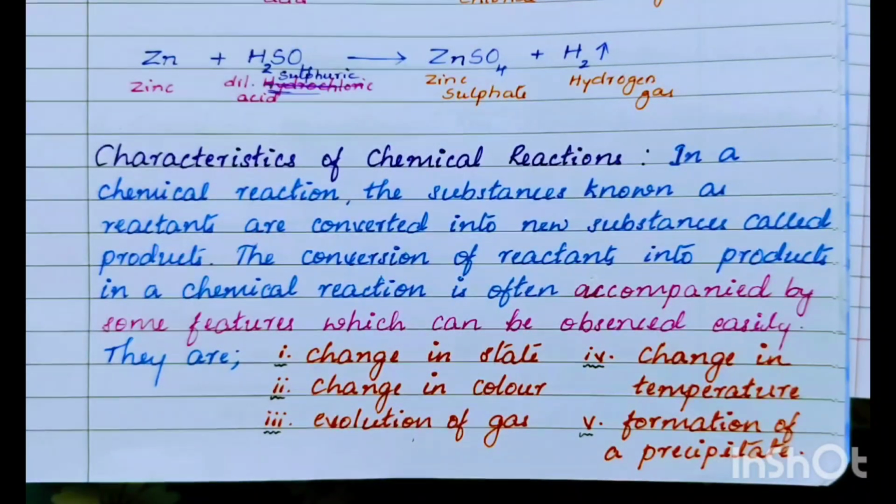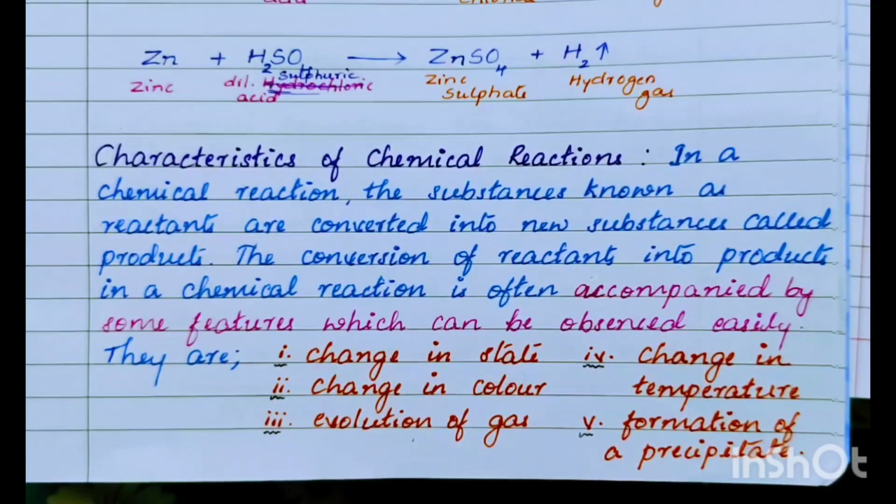The conversion of reactants into products in a chemical reaction is often accompanied by some features which can be observed easily. That means when the reactants are converting into products, a few features we can identify or see.